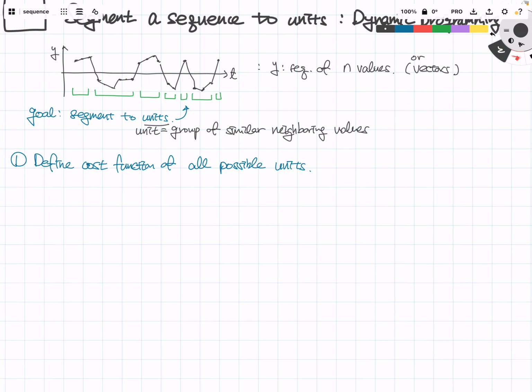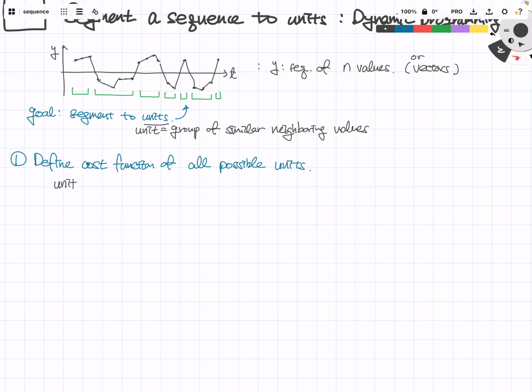We can define a unit as a range, start to end, any index, and we will follow the Python convention in this example. Which means from 2 to 5 does not include the 5, the end.